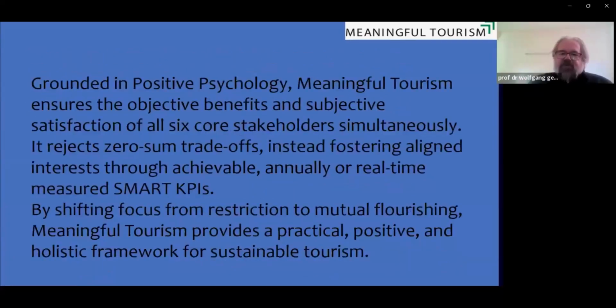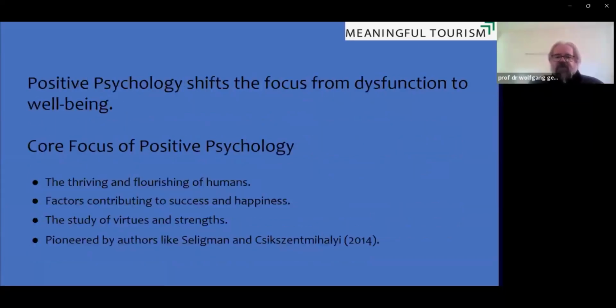Meaningful tourism is grounded in positive psychology. So it is not about zero-sum trade-offs. It's about aligning interests through achievable annual or real-time measured smart KPIs. And again, we have been talking about KPIs in the previous lectures. Please refer to that. By shifting focus from restrictions to mutual flourishing, we can provide a practical, positive, and holistic framework for sustainable tourism.